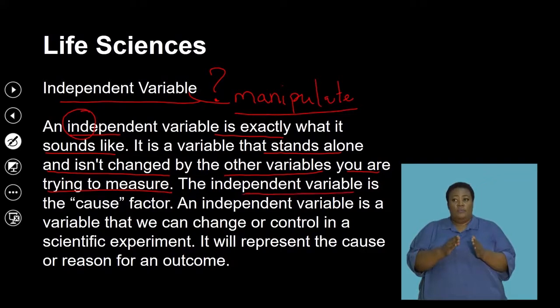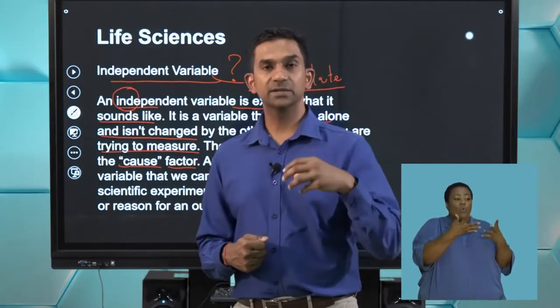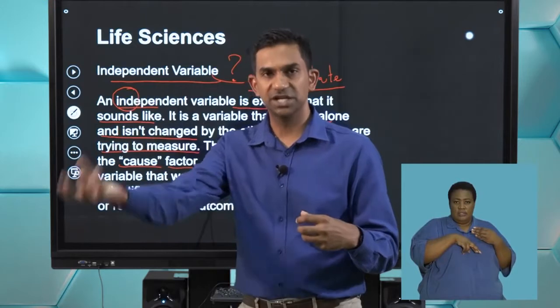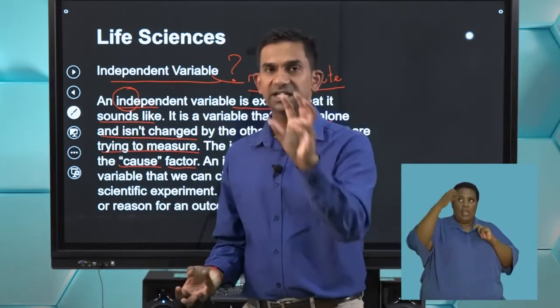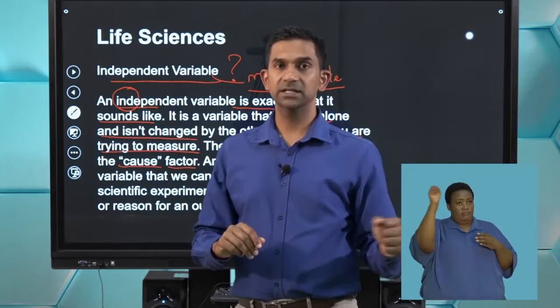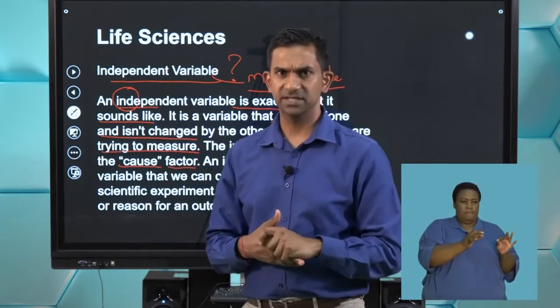The independent variable is the cause factor, meaning that it is the factor that causes the change, or the factor that will give you results. So it will lead to the dependent variable changing. So changing the light will cause the plant to grow. Removing the light will cause the plant to not grow or for the height to remain the same.